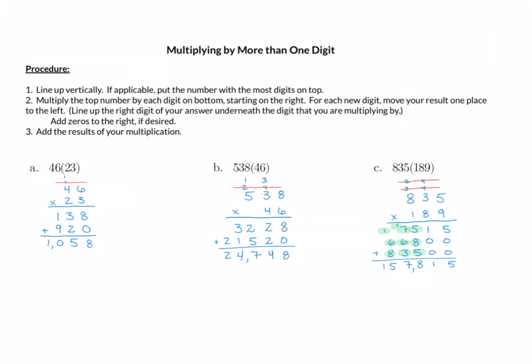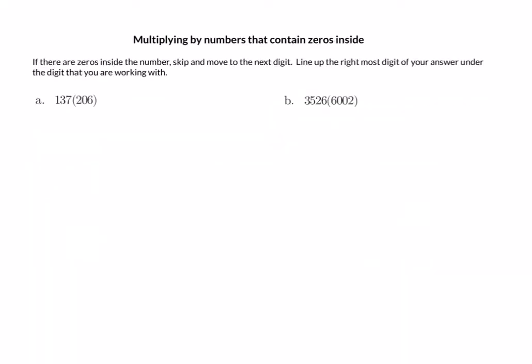All right, that takes care of multiplying by more than one digit. Now the next thing we want to look at is multiplying by numbers that contain zeros inside. So this is where that rule about lining up your answer with the digit that you're working with really comes in handy. 0 times anything is 0, and so you can go ahead and multiply by 0, but it makes it a little bit harder to read, especially as we get more and more digits involved.